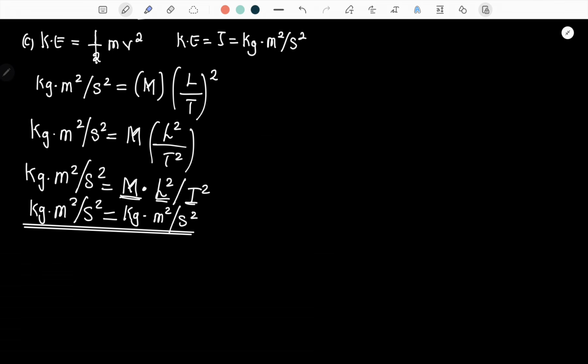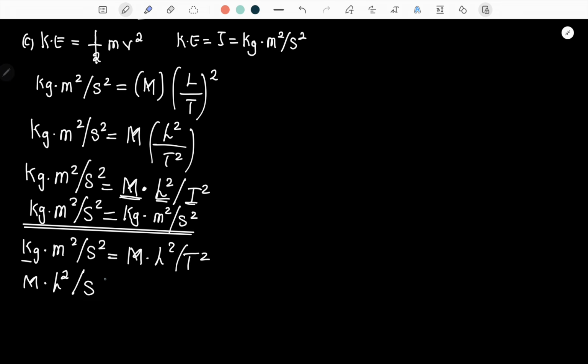But if I wanted, from where it was at kg, then you have the meter to the power 2, then you have the second to the power 2, equal to your MLT there. I can take it into MLT concept because you know that this is simply the mass. Where you see the meter, it's L to the power 2. Where you see the second, it is simply your period.